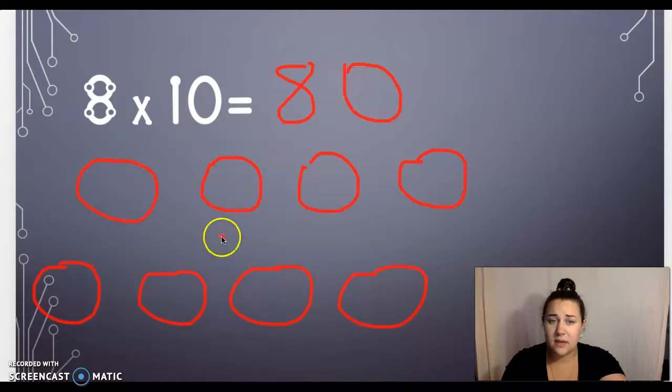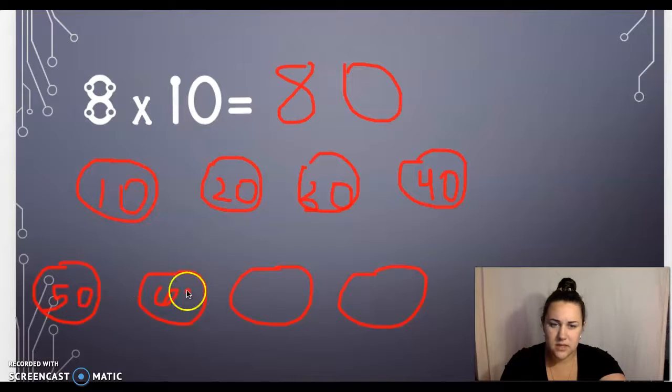And now I can skip count on the groups. 10, 20, 30, 40, 50, 60, 70, 80. We got the same answer.